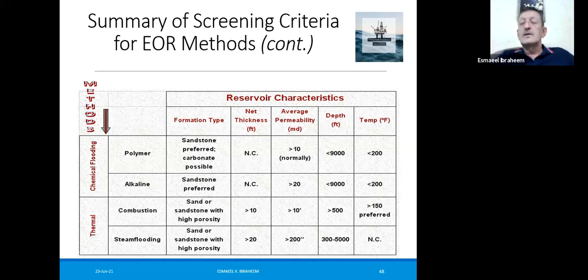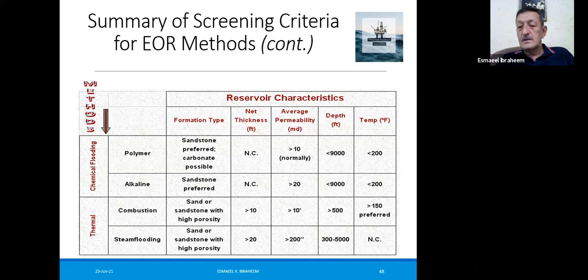But after all, there are more details to be looked after, and these can be found in so many textbooks or research about EOR: which method, how to do the simulation, how to do the choice, and how to do the screening of the EOR method.